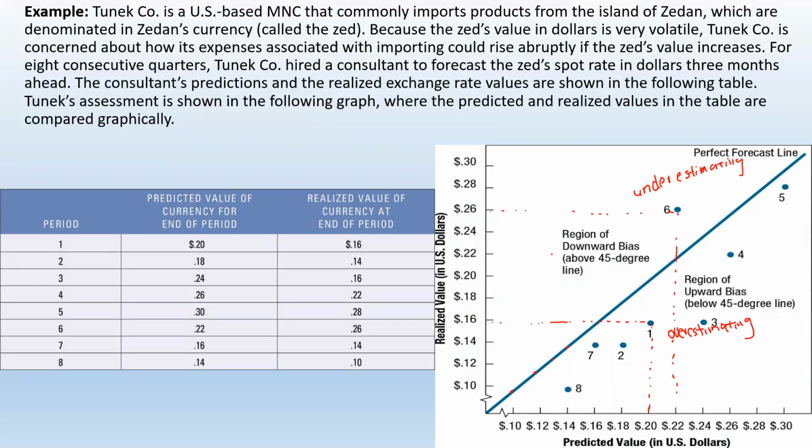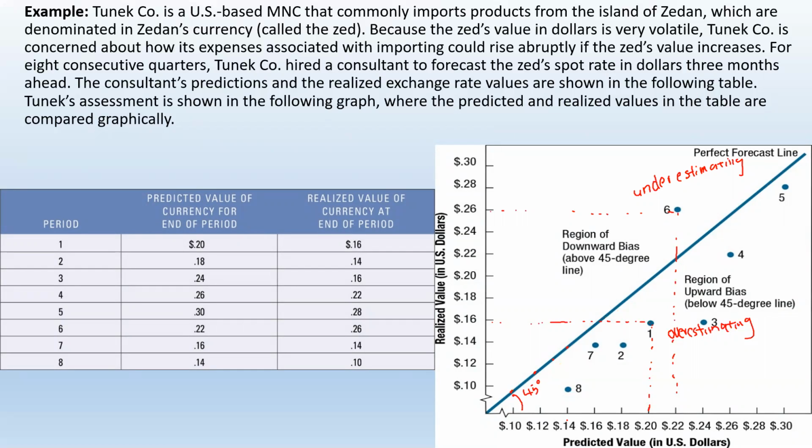Basically, if we use the horizontal axis as the predicted value and the vertical axis as the realized value, then we can draw a line right in the middle. The angle here is 45 degrees.